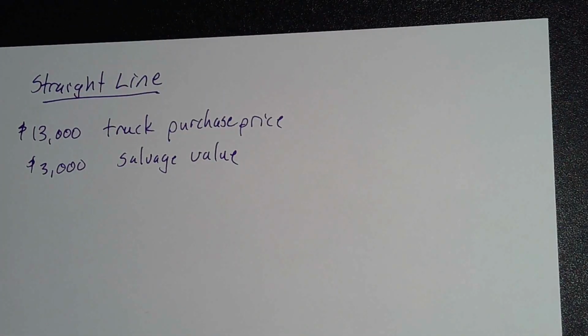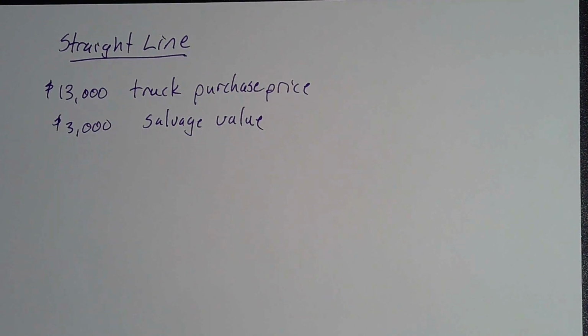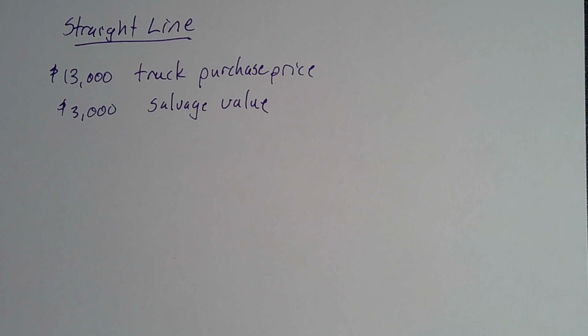Let's start off with the straight line, and let's say that we have a truck that's $13,000 and we are going to use it up. We're going to use the majority of the value up, but we're going to stop at $3,000 and try and sell it. And remember, this isn't exact. This is just our best guess of how we're going to use it.